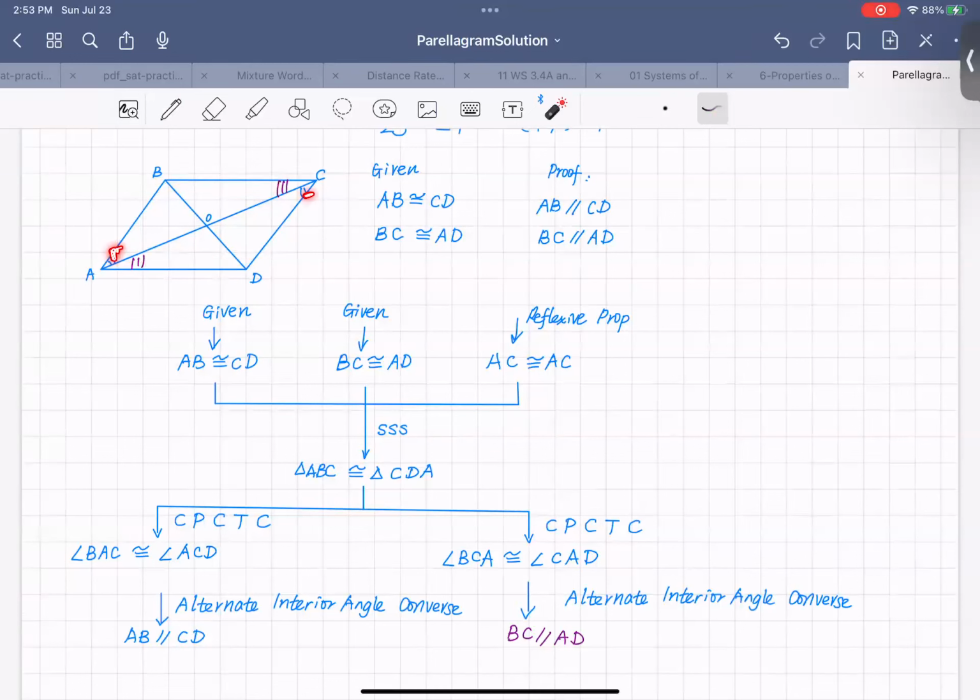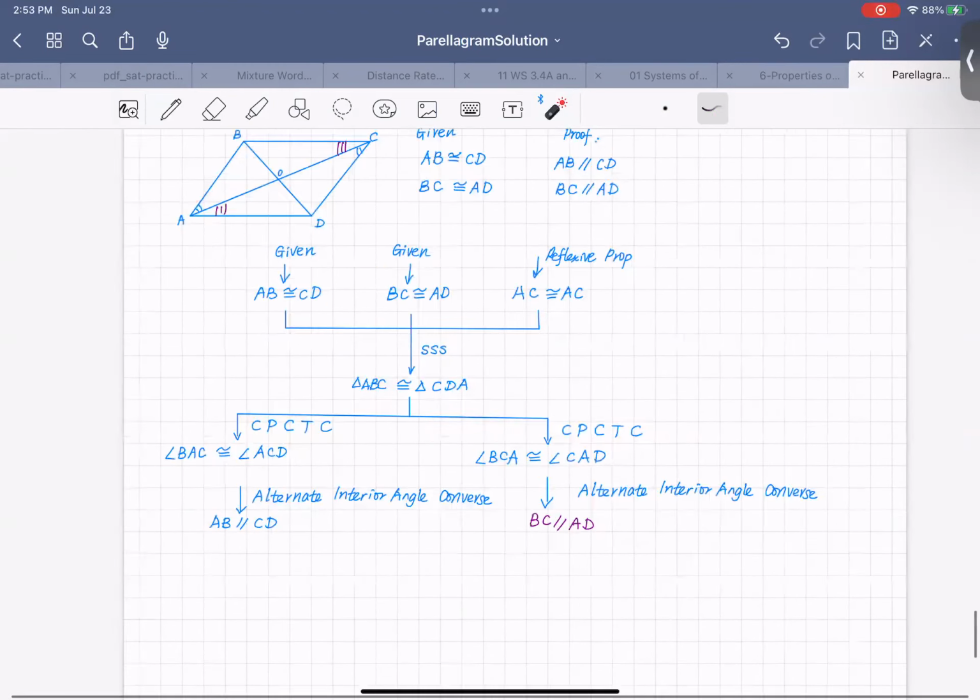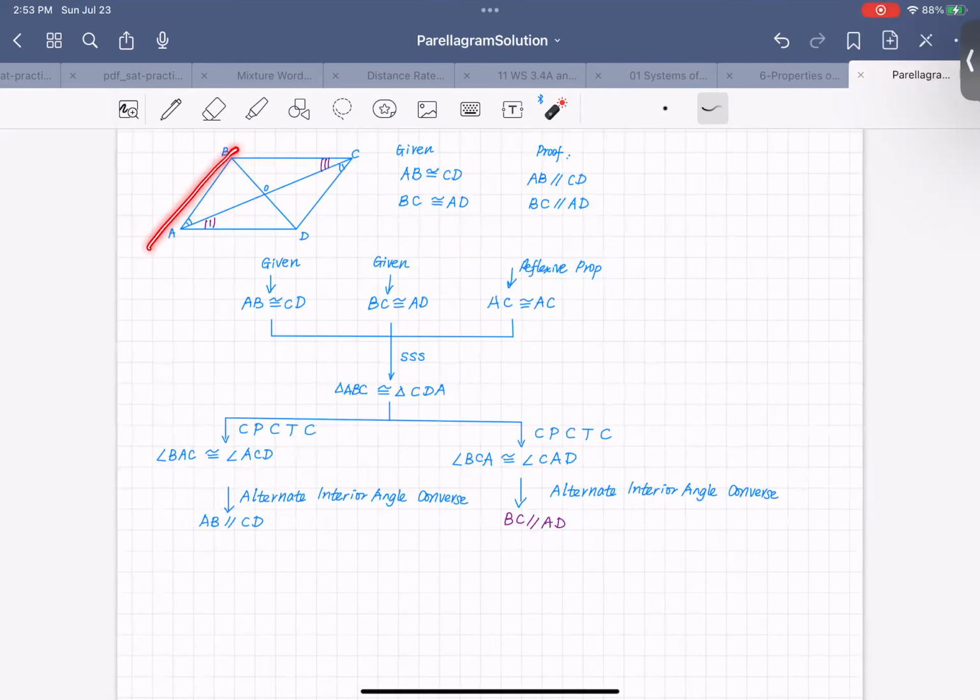With these two blue angles equal, you have two lines parallel: AB and CD. Yes, you got it. These two get these two lines parallel. Make sense? And then when you have this side parallel, you have this side parallel.